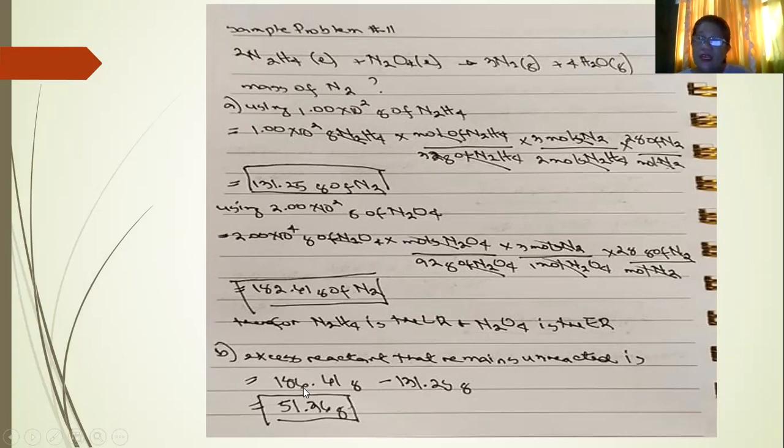Sayop ni ha? 182.61 minus 131. Pila man ni siya? So it's at 51, possibly mga 49. Okay, 49.36 grams. Sayop ni ha? This should be 182, not 186. Okay? So that is in solving the limiting and the excess reactant.